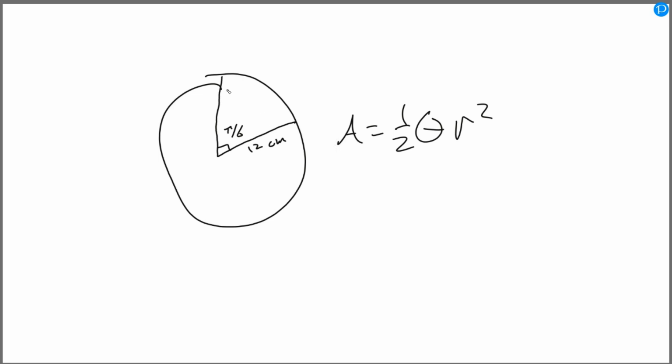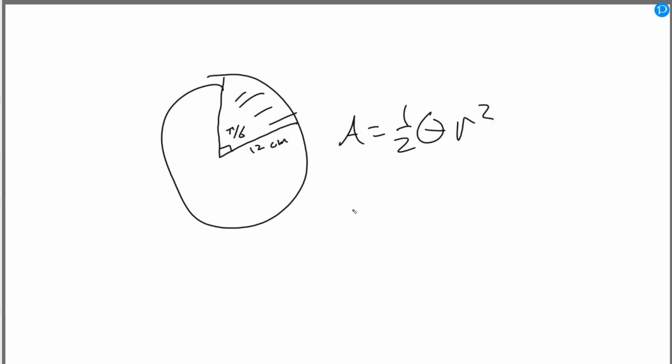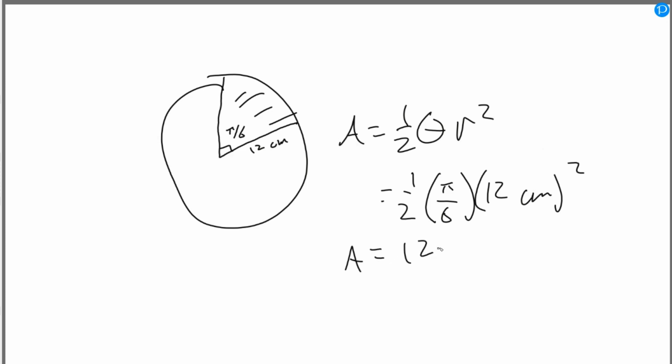So if we want to find the area of this sector here, what we have to do is sub in the values. So let's put in 1/2 times pi by 6 times 12 centimeters squared. And that area comes out to 12 pi centimeters squared. So that's the area for this sector here.